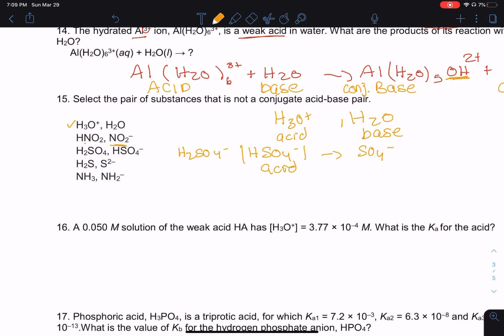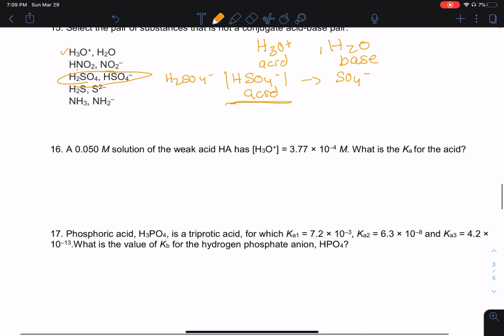So this problem, it's wrong because the conjugate base for H2SO4 is HSO4 minus. It only loses one hydrogen. So yeah, this would be the answer. And then just to make sure the rest of the questions make sense, because we have H2S and S2 minus, so lost one hydrogen, and same thing for the last one. Okay? Perfect.